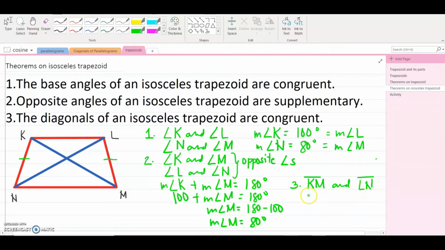So let's say if KM is 16 centimeters, that will be the same with line segment LN. So those are the different theorems with regards to isosceles trapezoid. Okay, so let us move on now with our activity, so we can apply the different theorems on trapezoid and isosceles trapezoid.